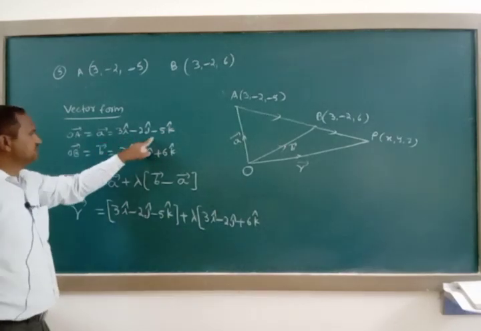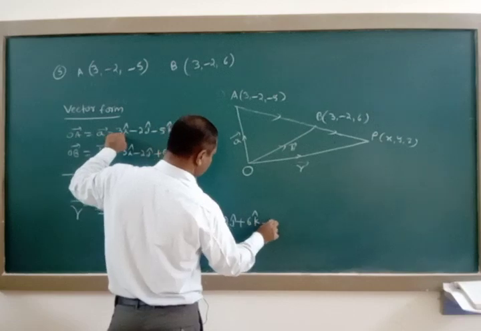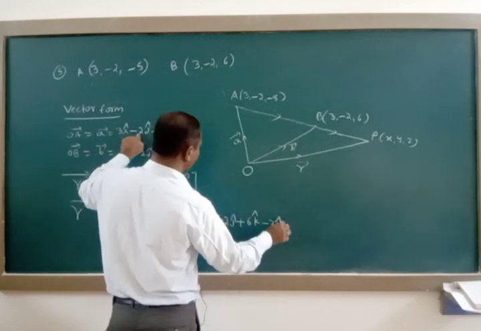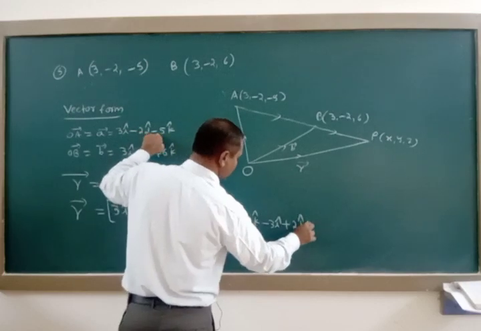Minus of this means all the symbols will be changed: minus of minus 3i cap, minus of minus, plus 2j cap, minus of minus, plus 5k cap.